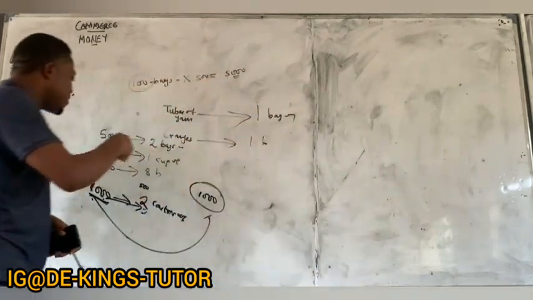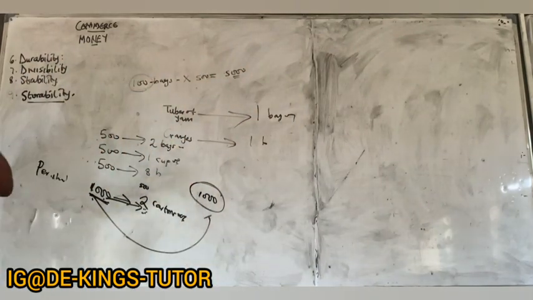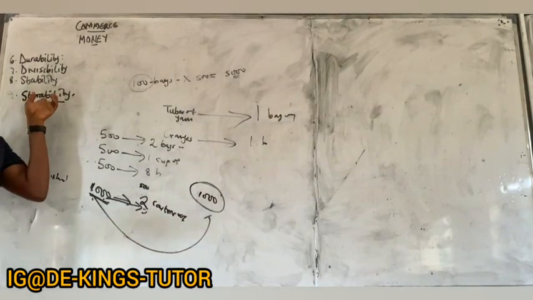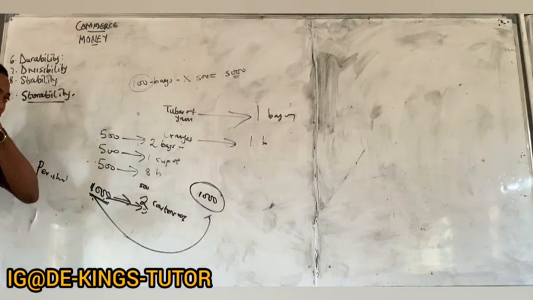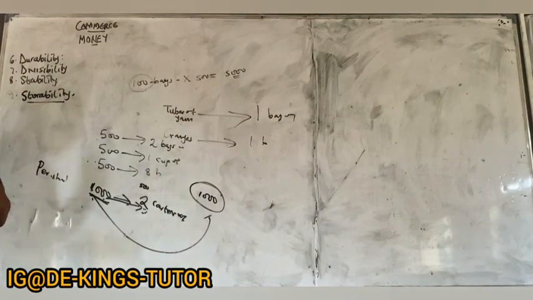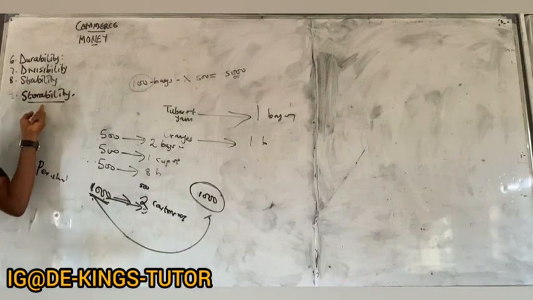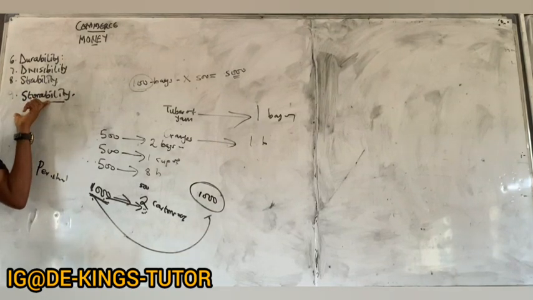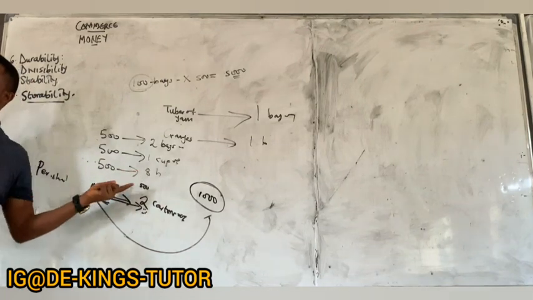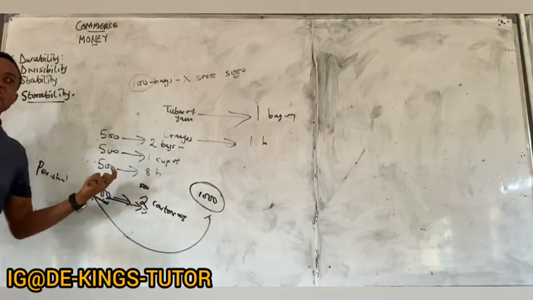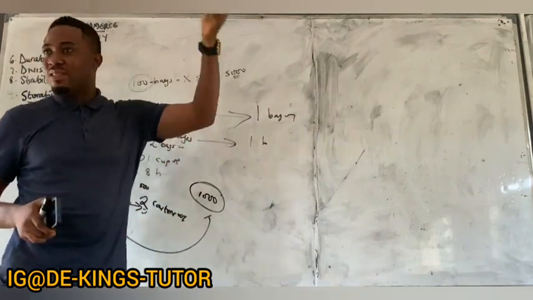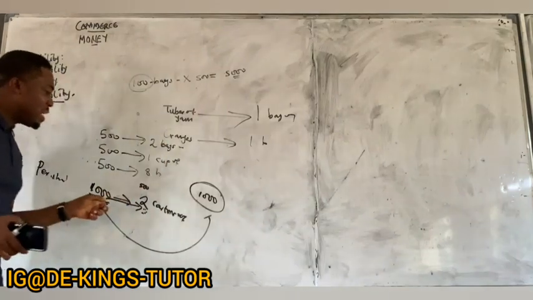So one of the qualities of money that is affected by inflation is storability, because once you store and save your money, you know the particular quantity of an item that money can buy. If there is inflation, it means the price of items has increased, and that money can no longer buy the same.